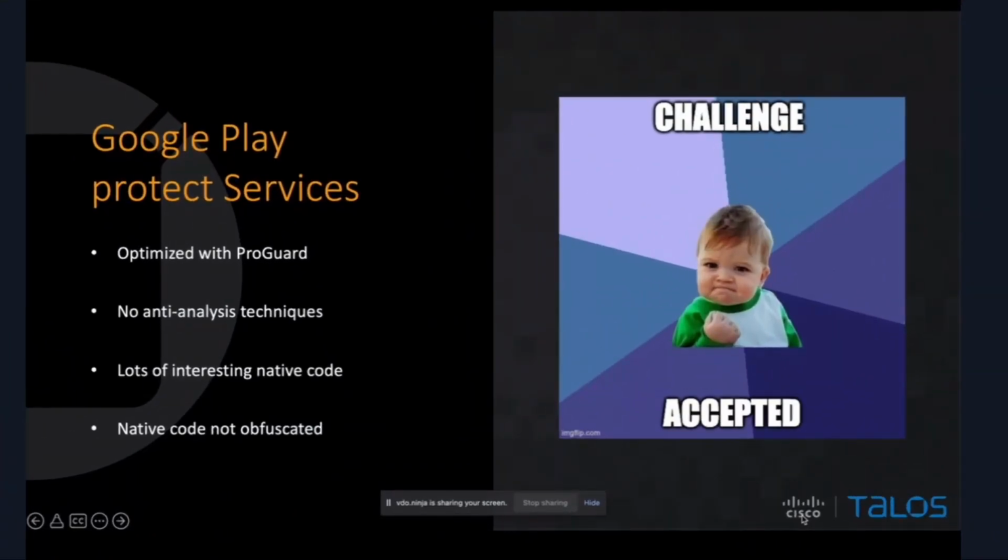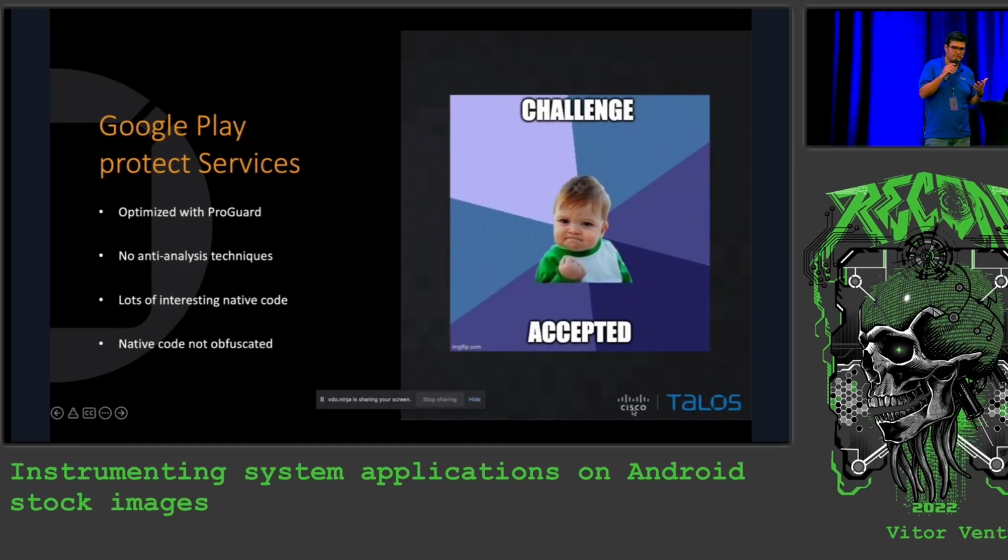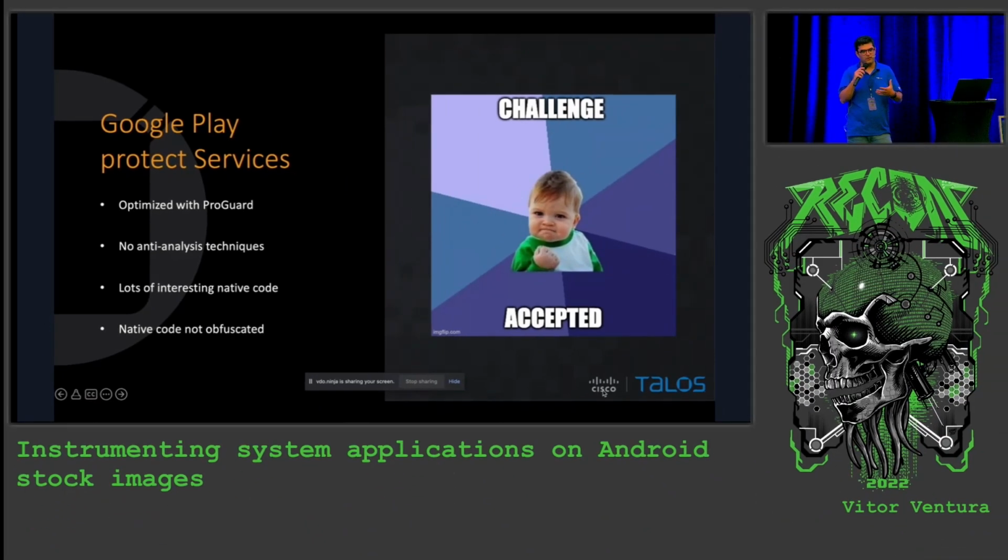So, okay, I had a challenge. I looked at Google Play Protect services. Well, it's not obfuscated. It uses ProGuard, which makes it a little bit harder, but it's not highly obfuscated code. It doesn't have any kind of anti-analysis techniques. There is a lot of interesting native code in the version that is being split from the Google services.